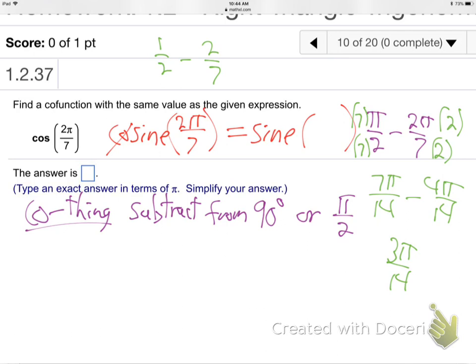Everybody good with that? Multiply top and bottom by 7, top and bottom by 2, common denominator, subtract them, 3 pi over 14. So the answer is sine of 3 pi over 14. We found the trig function is sine, that's the co, and the angle, 3 pi over 14, we got by subtracting from pi over 2, because we're in radians. Good? We happy so far?